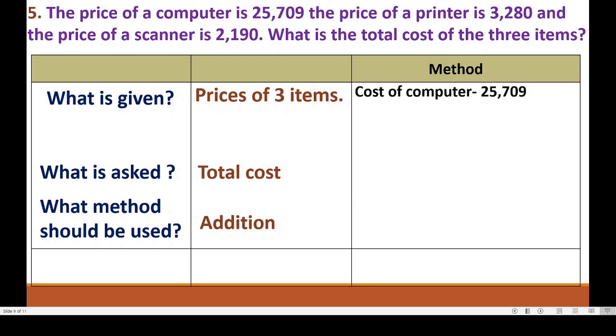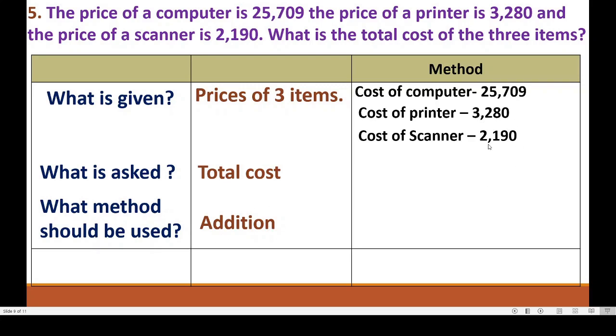Now we will go for method. First one, cost of computer is 25,709. Second, cost of printer, that is 3,280, right? Cost of scanner 2,190. Yes, which method we have to follow here? Addition.